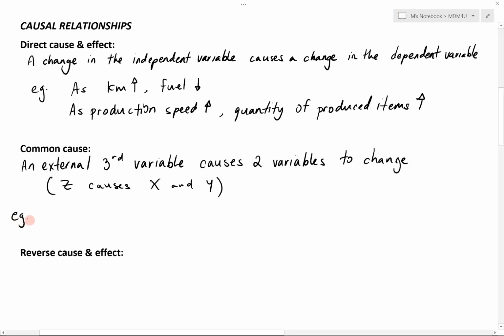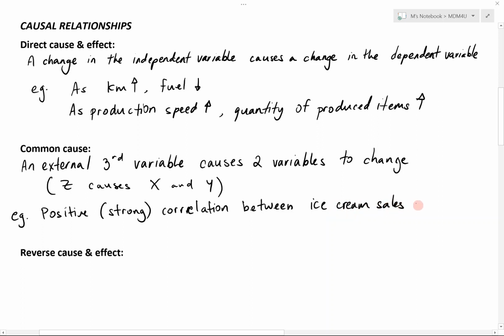The example could be a positive, strong correlation between two variables, X and Y, let's say ice cream sales and drowning incidents.